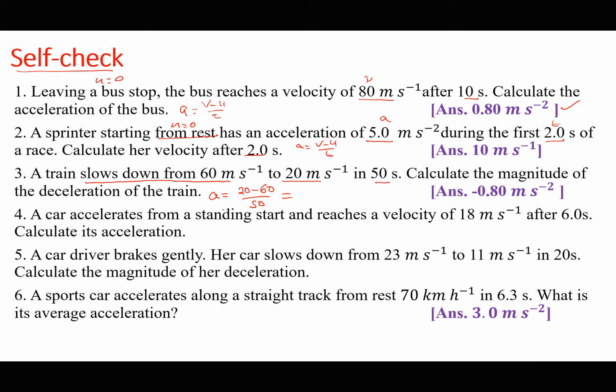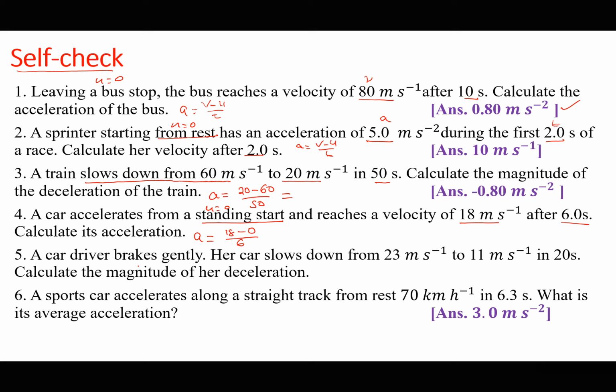A car accelerates from a standing start and reaches a velocity of 18 meters per second after 6 seconds. Calculate its acceleration. It accelerates from a standing start, which means initial velocity is equal to 0. So the acceleration is going to be the final velocity, which is 18, minus initial velocity, divided by time, which is 6.